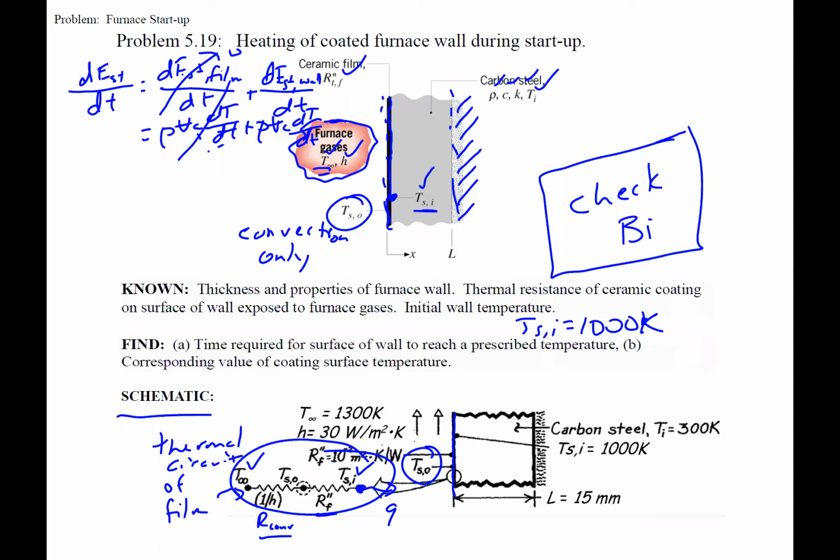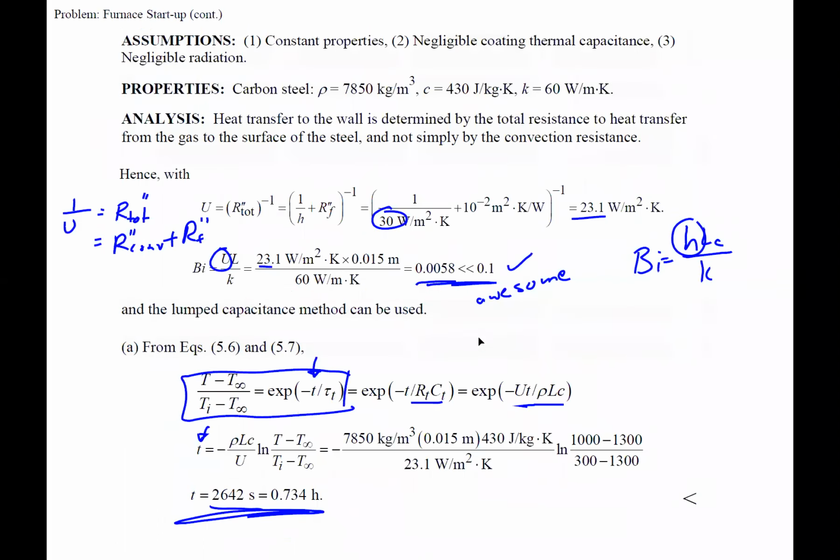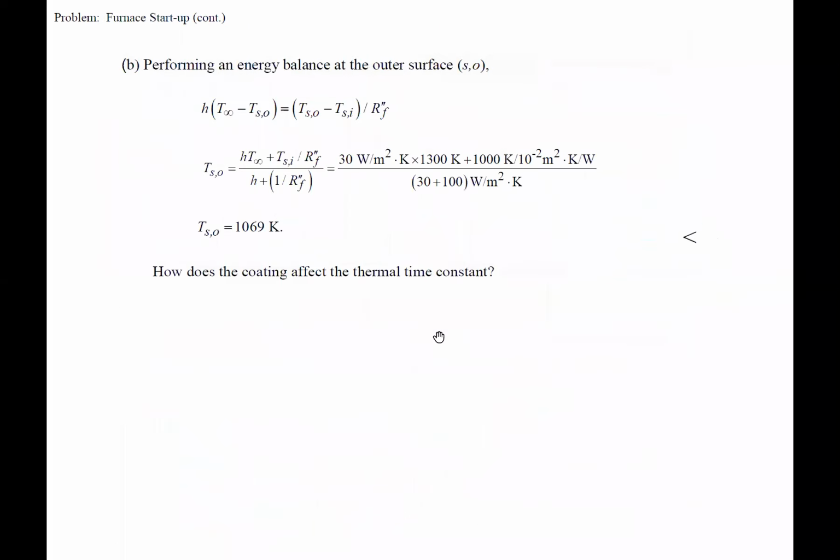So if we know T_si and we know T infinity, we can utilize our thermal circuit right here for the outside surface of the film's temperature, because the film is at steady state. There's no energy stored in it. And that's what you see here. You're just using the thermal circuit.